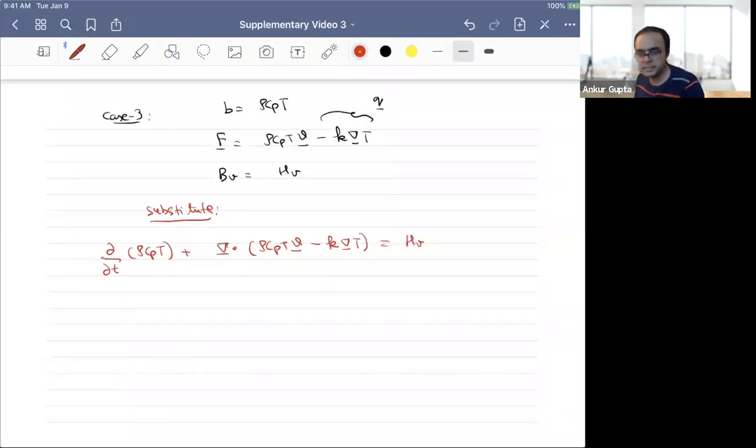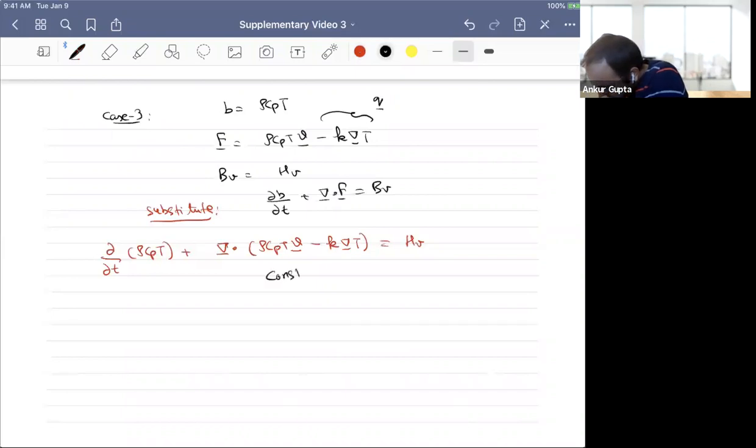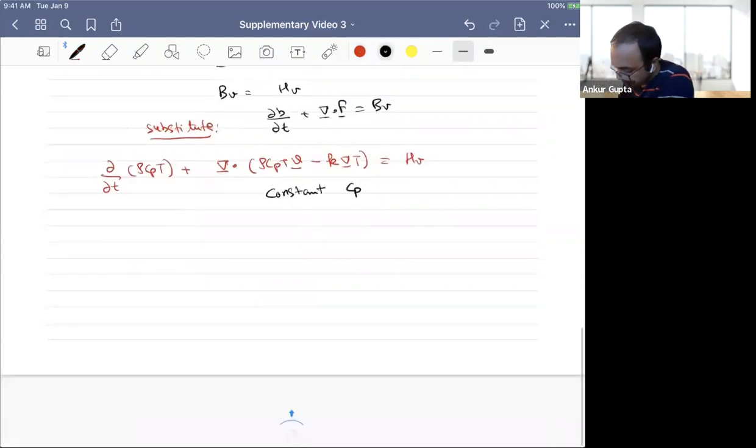I've just substituted into the equation, just to refresh your memory, ∂B/∂t plus del dot F is equal to BV. That's all I have done here. Now, the first thing we do is we say constant Cp.